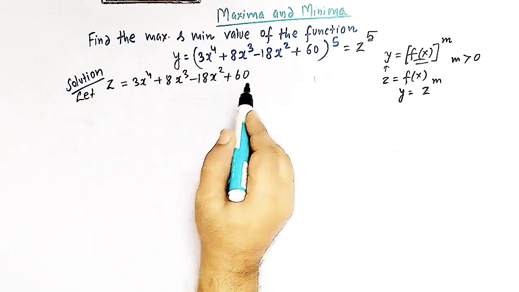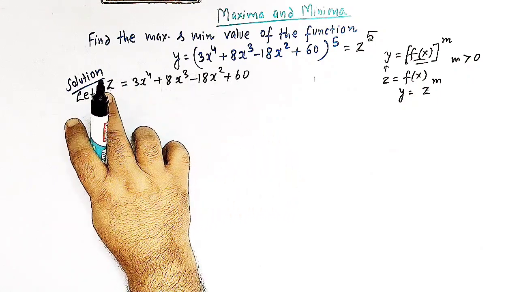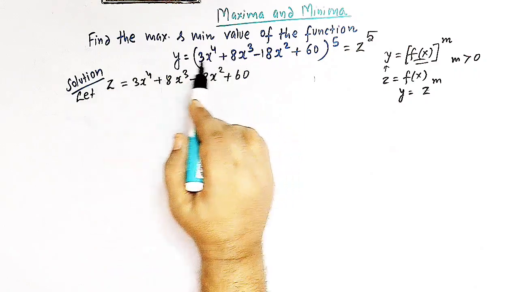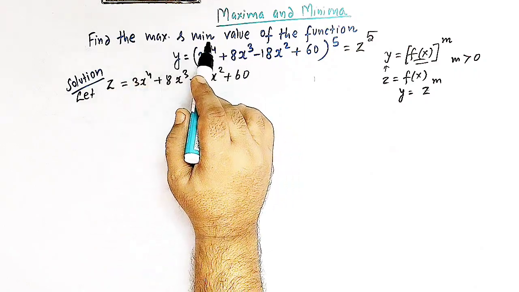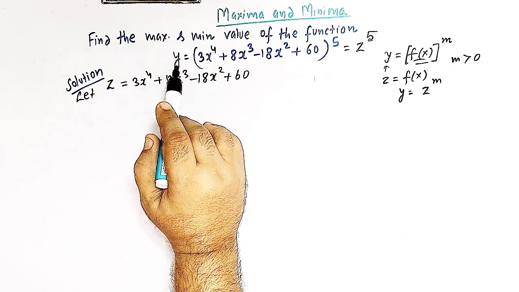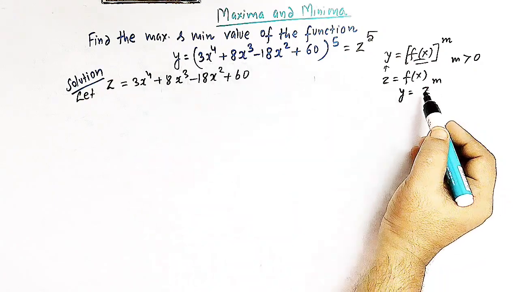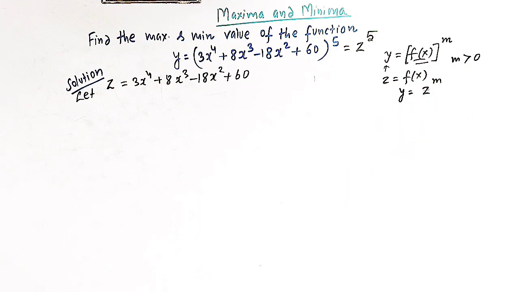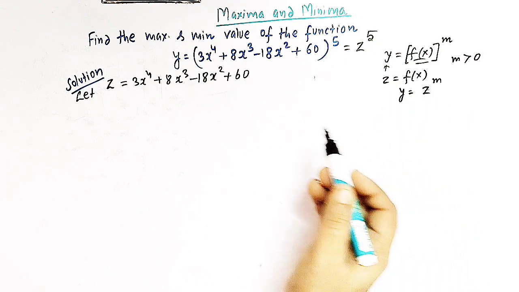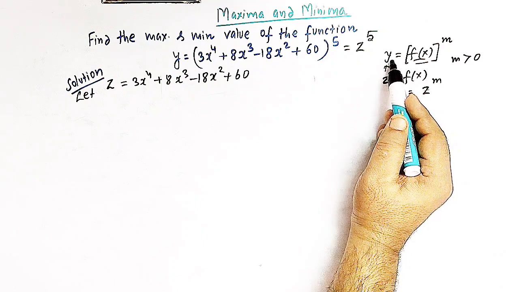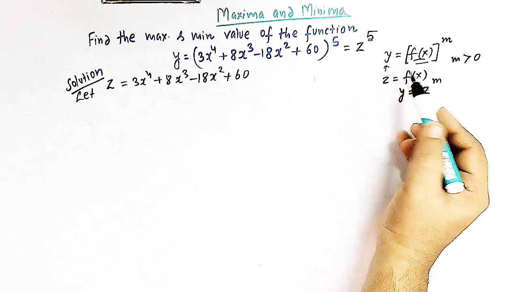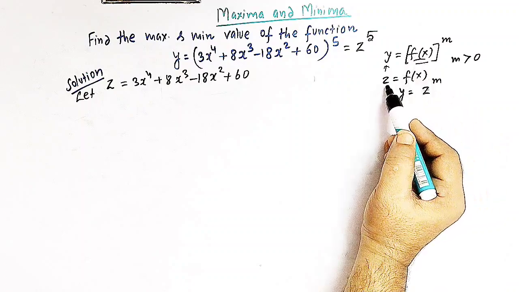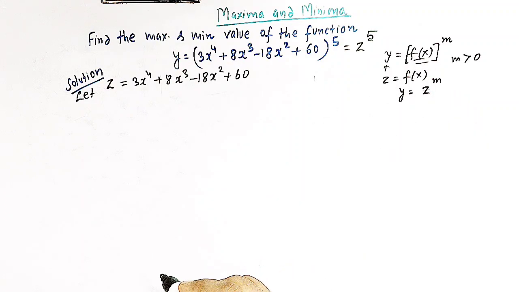And once we get the maximum and minimum value of this function z, we can easily find out the maximum and minimum value of this function y, which is z raised to this power m. So we can say that this function y is maximum or minimum according as this function f of x, which is z, is maximum or minimum.